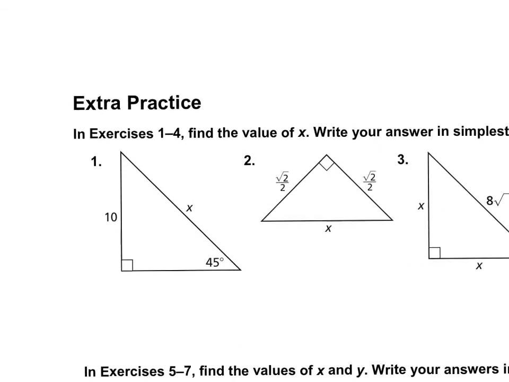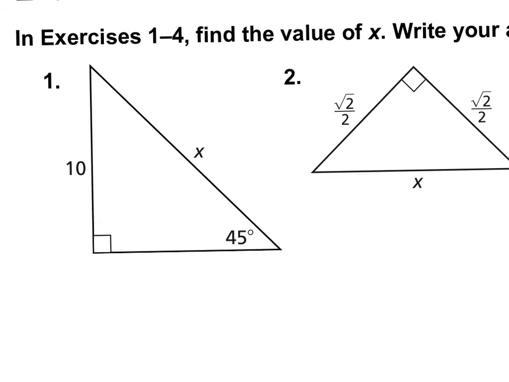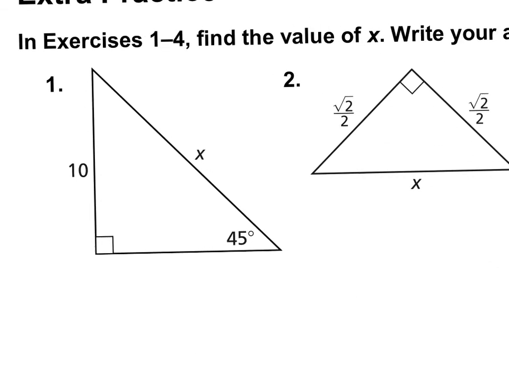Down here, number 1, what type of triangle do we have here? Good, we have a 45, 45, 90. It gives it away because we have a 45 down here, so that makes this one 45 as well. We're trying to find the value of x, but what is x? Good, the hypotenuse.